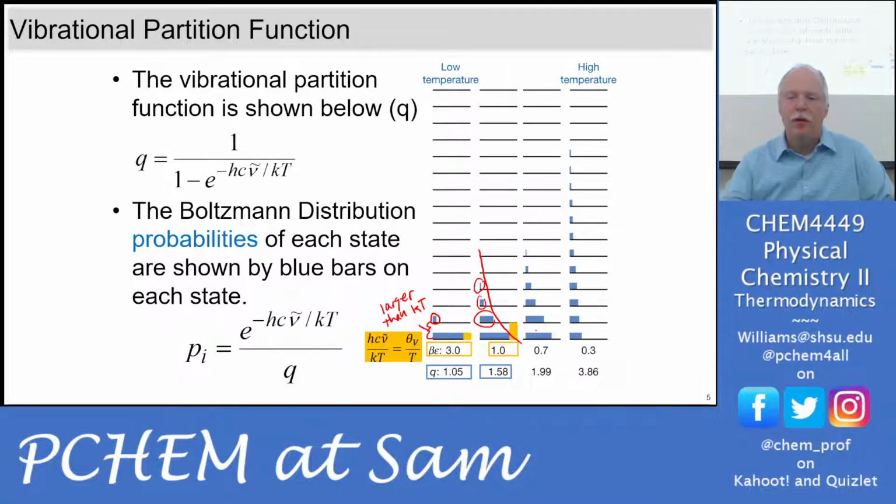Okay. What about 0.7? Well, that means that the temperature is a little higher than the vibrational temperature. And so then that Boltzmann distribution is spread out even more. And then here, the temperature is about 3 times higher than the vibrational temperature. So this yellow bar graph here is your thermal bath.